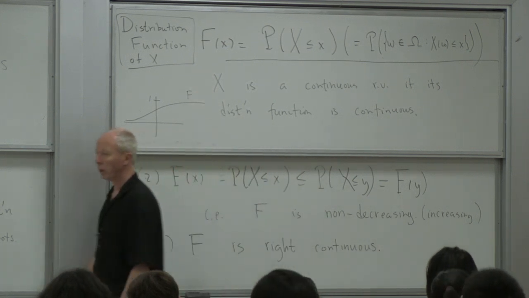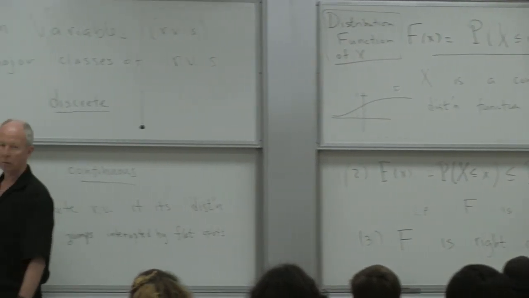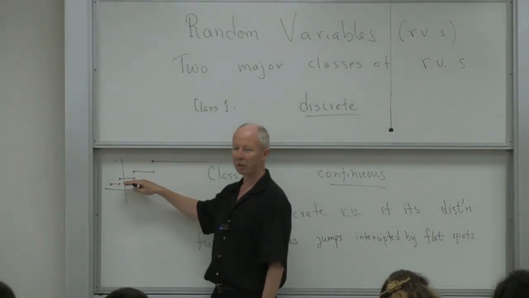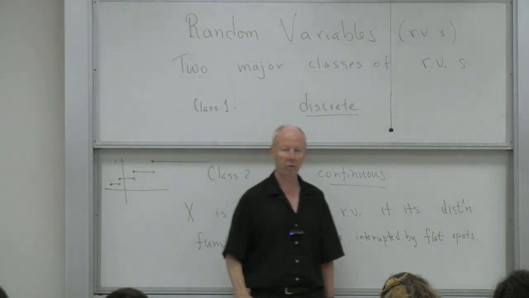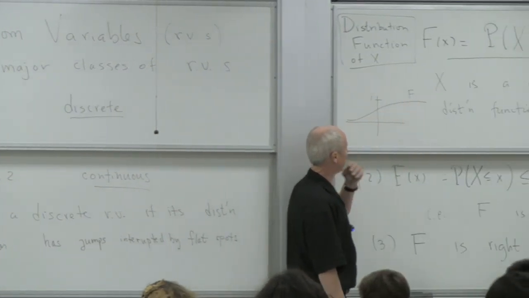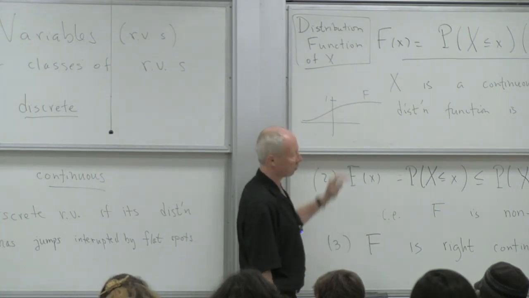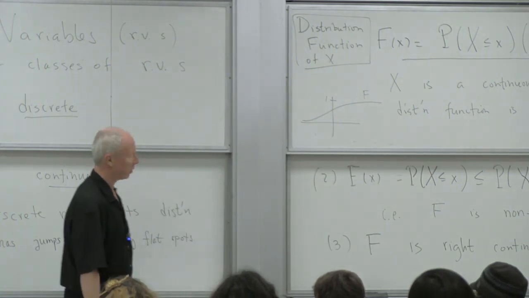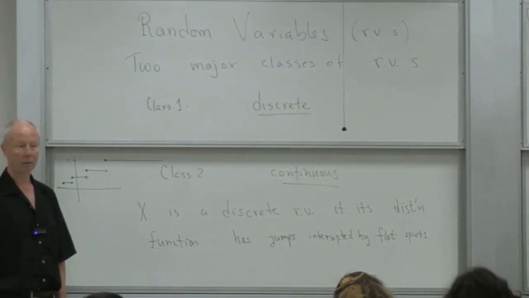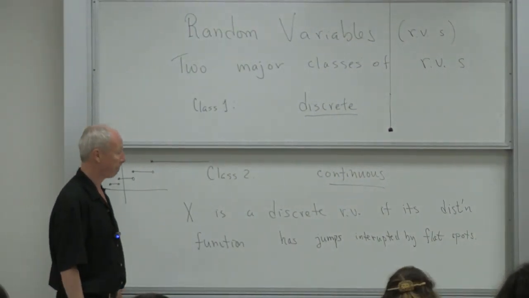If the distribution function looks like this, jumps interrupted by flat spots, we call that a discrete random variable or discrete distribution function. If the distribution function of a random variable looks like this, we call the random variable continuous. So continuous or discrete refers to properties of the distribution function.